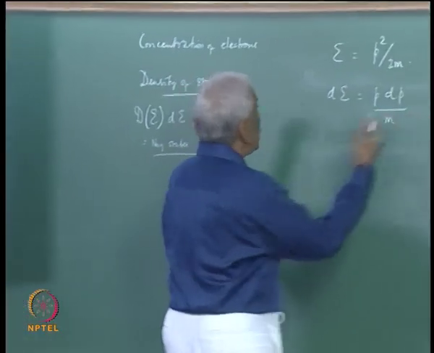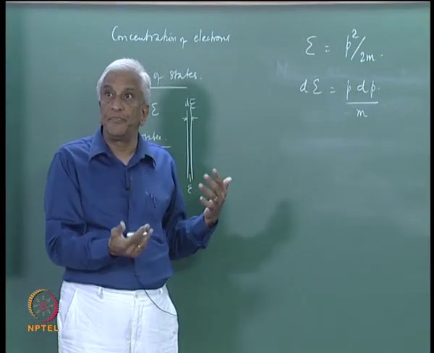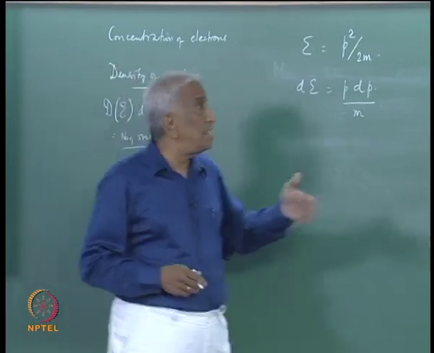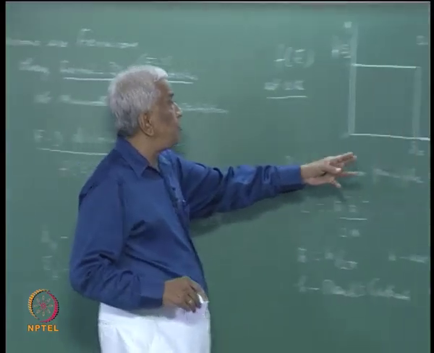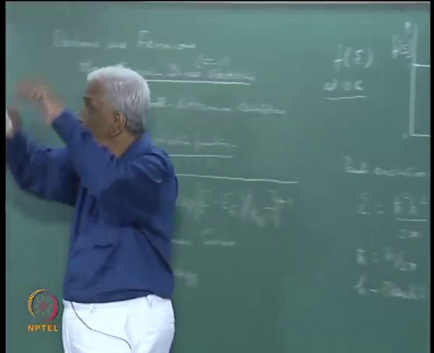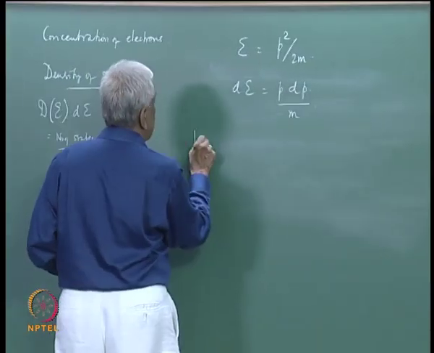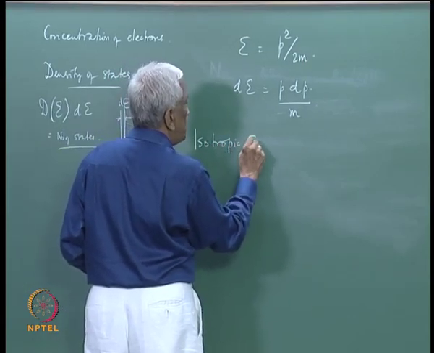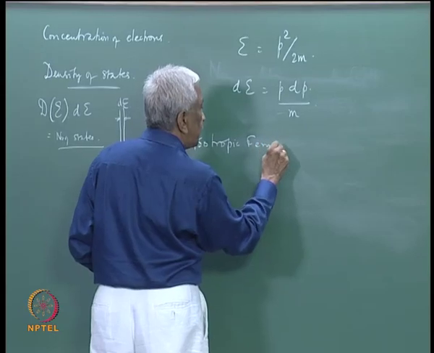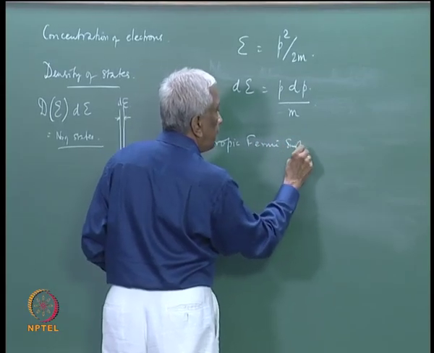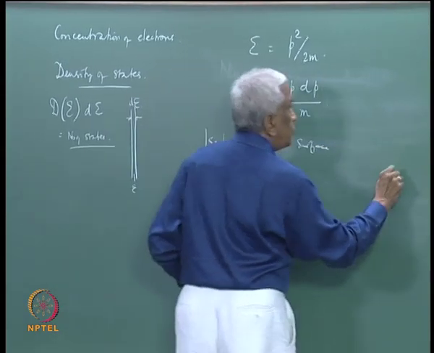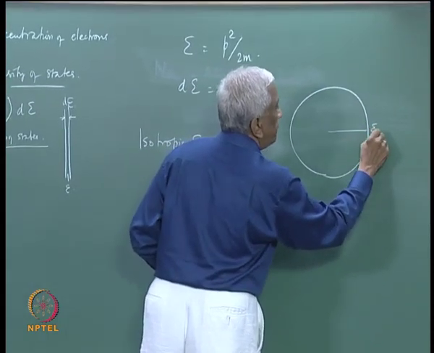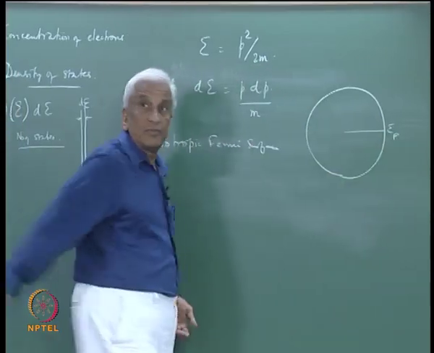Now, if I look at the momentum space and if I regard the Fermi energy as corresponding to an isotropic Fermi surface, which means it is a spherical Fermi surface, it is a sphere with radius EF in energy space.